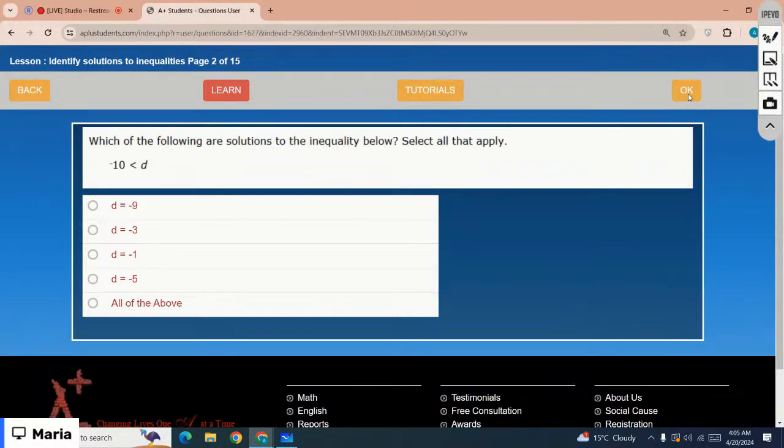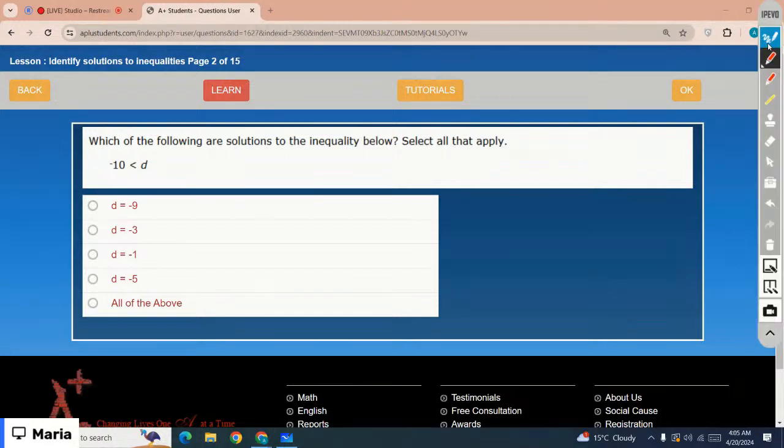Which of the following are solutions to the inequality below? Okay, negative 10 is less than negative 9. True it is, right?